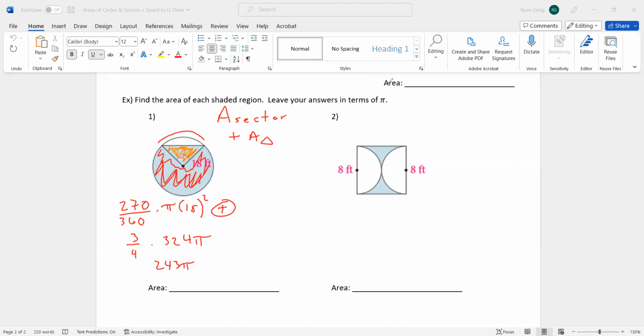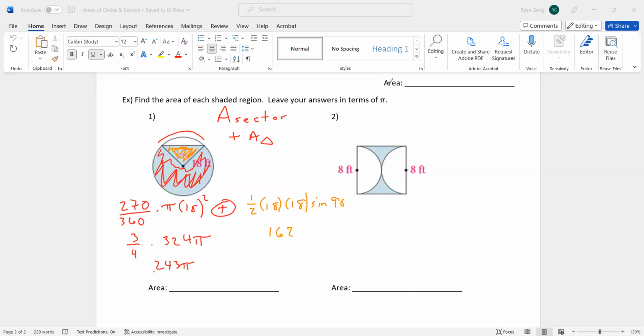The area of the triangle is 1/2 BC. Well, that's 18 and 18 times the sine of 90. Good news is the sine of 90 is actually just 1. Okay, so 18 times 18 divided by 2 is 162 times the sine of 90 is just 162.